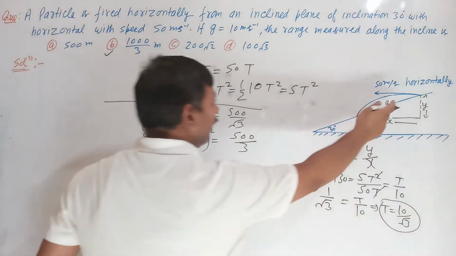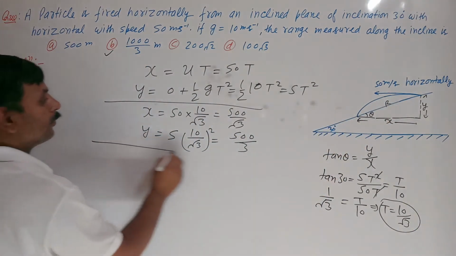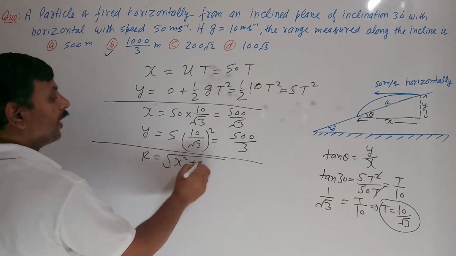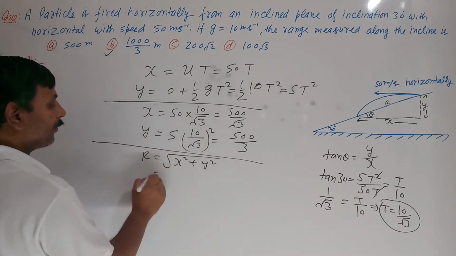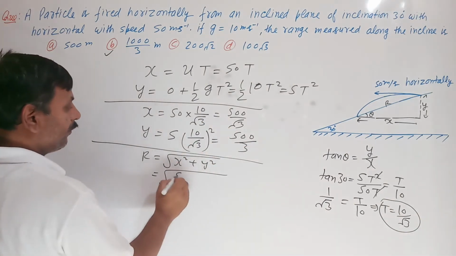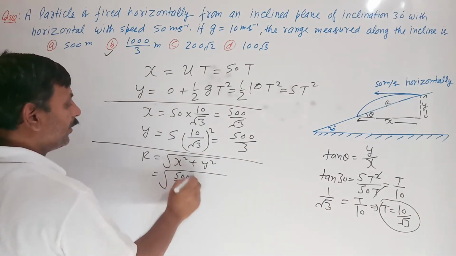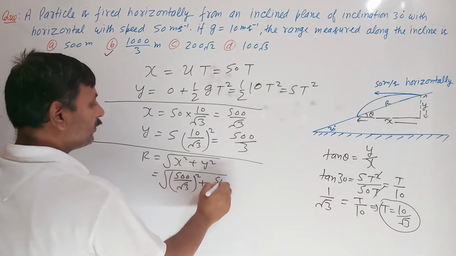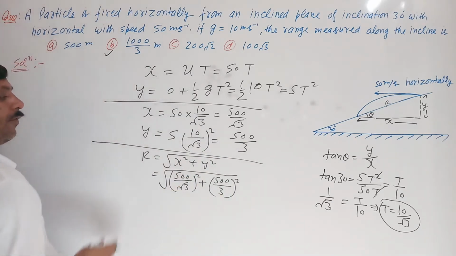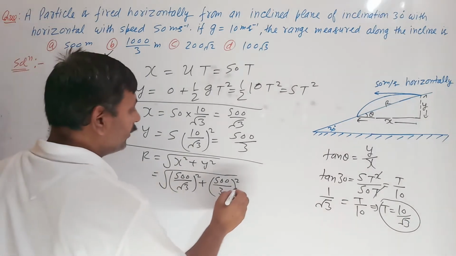If you want to find the range r, by geometry you can see here r is equal to under root x square plus y square. 500 upon root 3 square plus 500 upon 3 square, 500 square I have taken common.